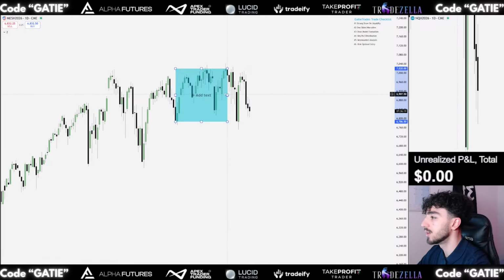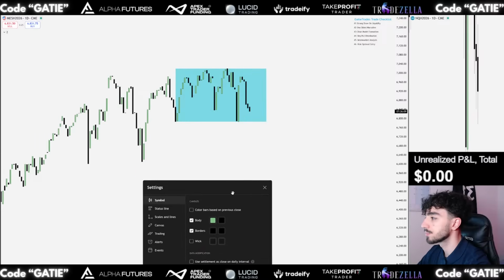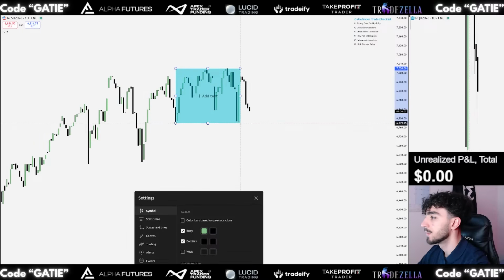I'll mark out the body range. This is the range we've been in since December 27th in terms of the bodies. I'll remove the wicks. Wicks just do damage. Look at that range. We've been choppy for a very long time, right? Realistically, we've been in this price range for quite a long time now.